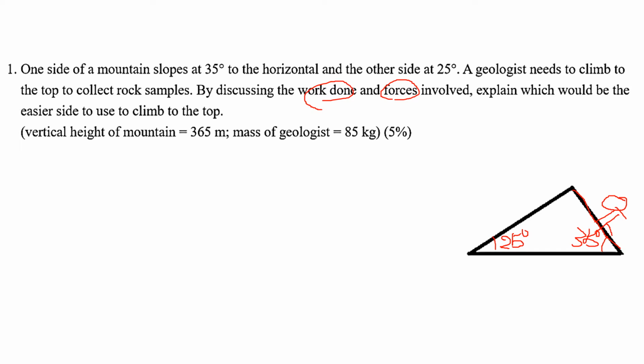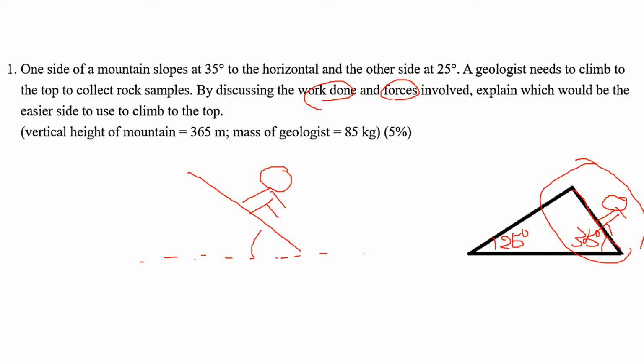If we draw the free body diagram, only focus on this part. What is the force you need to overcome if you try to climb up the mountain from this side? Draw the free body diagram.